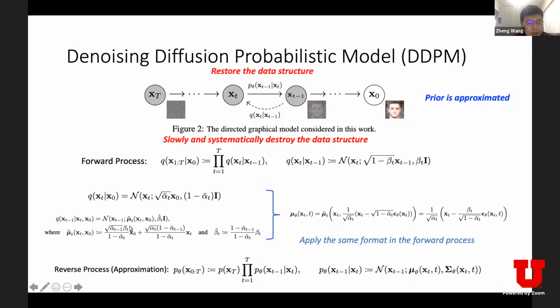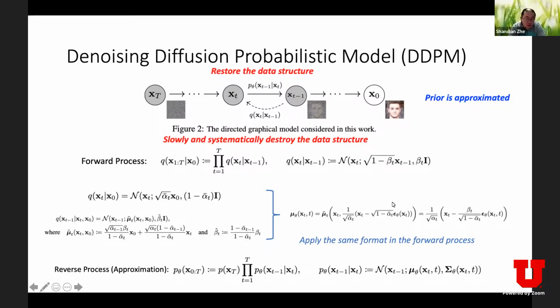And even if we cannot have an explicit, closed form formulation of the conditional distribution of xt minus 1 conditional on xt, by adding the extra condition of x0, we can have a closed form formulation of the distribution, which is also a Gaussian distribution.